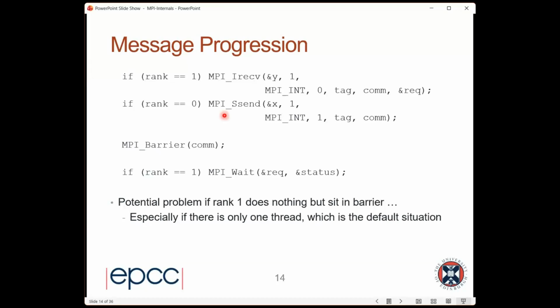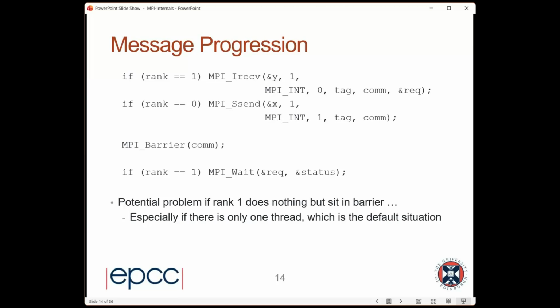Now, if rank 0 issues the standard send before rank 1 issues the receive, there will be no problem. Rank 0 is issuing a standard send, rank 1 issues the receive, it sees the incoming message and they match.